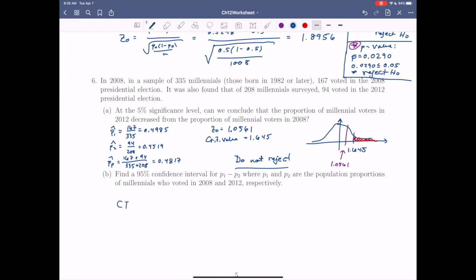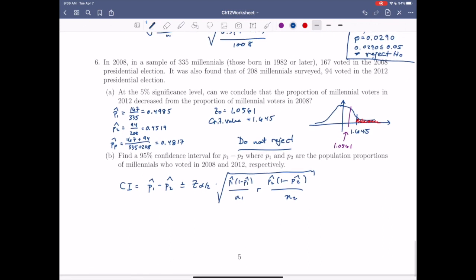We know that our confidence interval is going to be P1 hat minus P2 hat plus or minus our cutoff, C sub alpha over 2, times our square root term, which is going to be P1 hat times 1 minus P1 hat all over N1 plus P2 hat times 1 minus P2 hat all over N2.